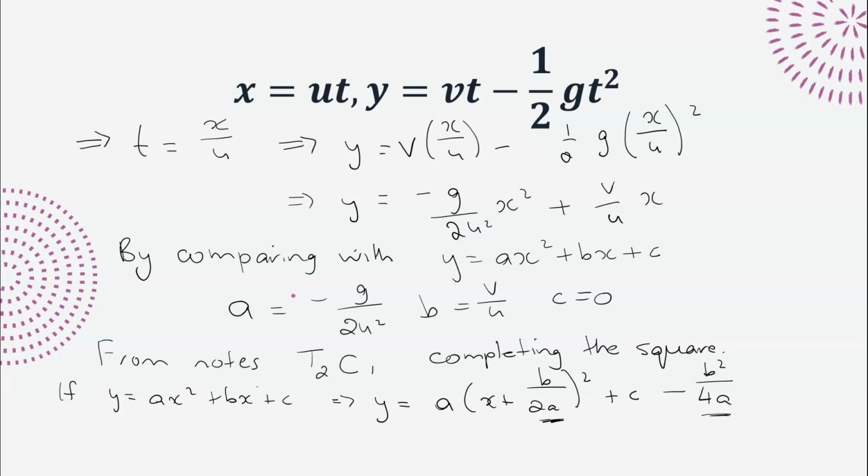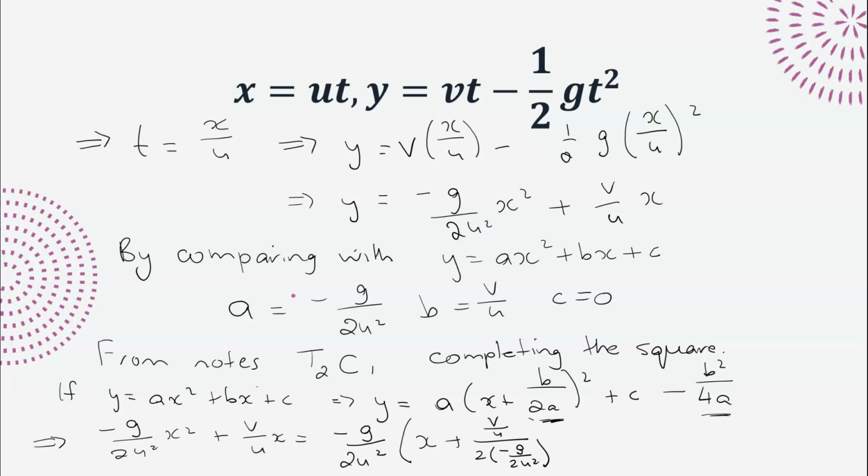And now, if we do that, then we get that negative g over 2u squared x squared plus v over u x is equal to, now I hope I've got enough space, negative g over 2u squared times x plus v over u over 2 times negative g over 2u squared, and that is squared plus nothing, because c is nothing, minus v over u squared over 4 times negative g over 2u squared.